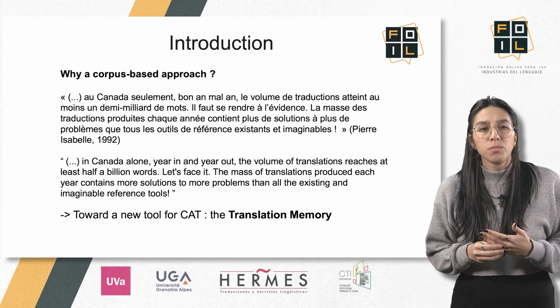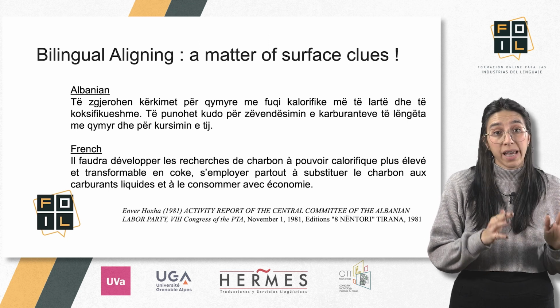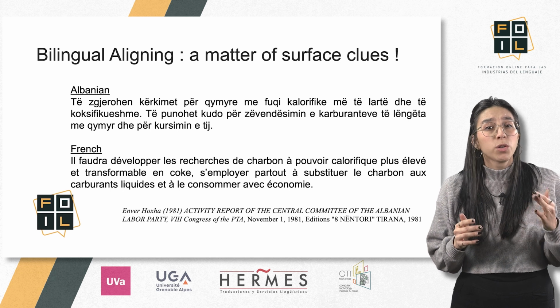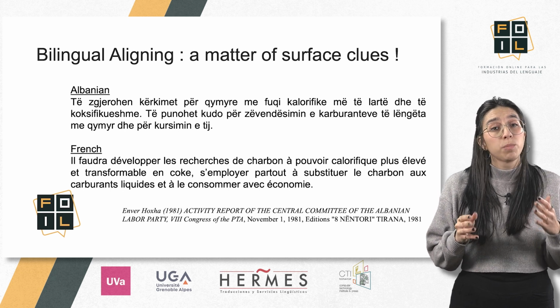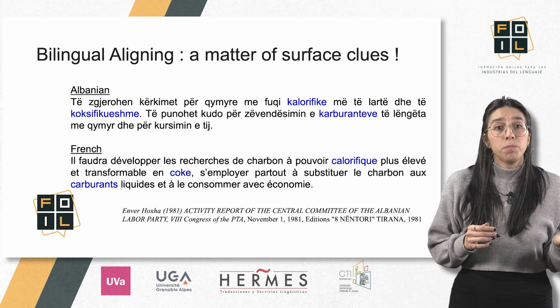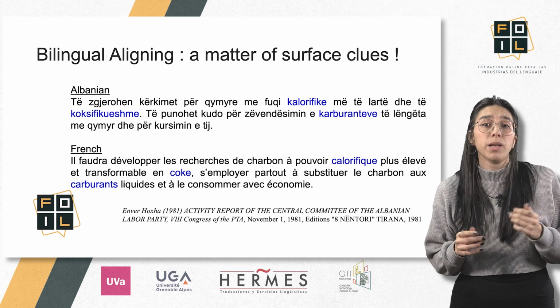And how does the alignment work? In a very simple way. When one compares a text and its translation, one notices a lot of superficial clues, allowing to identify correspondences. On the one hand, the length of the corresponding parts, sentences or paragraphs, is relatively similar.